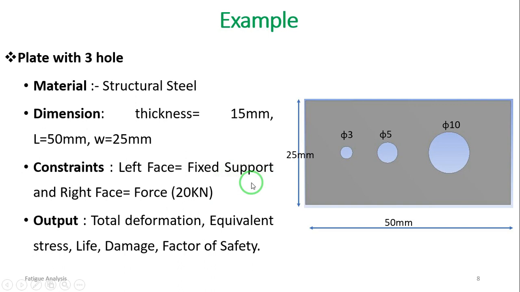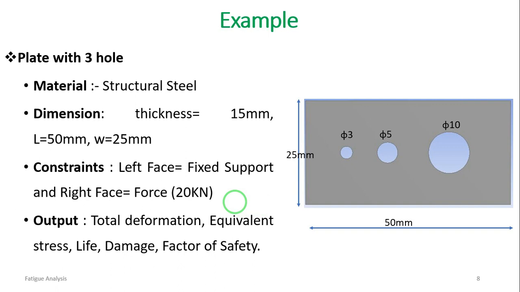The left face of this plate has a fixed support, and the right face of the plate has a force of 20 kN. And here we require some outputs: total deformation, equivalent stress, life of the component in cycles, then damage and factor of safety.